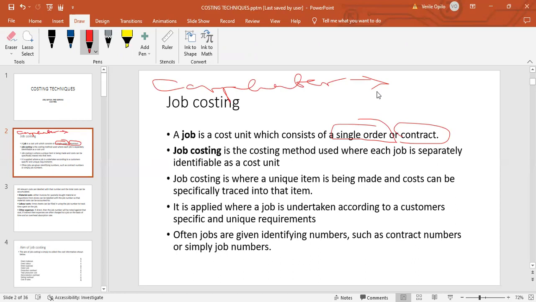A customer is going to come in with an order, and this order is going to be different from the next customer's order and from the previous customer's order. So let's say someone comes in and tells you, I want you to custom make a table for me. I want it to be a 6-seater, an 8-seater, or a 10-seater. And I want the chairs to also be unique. And then they give you the design for it.